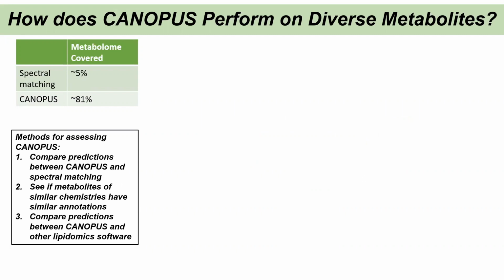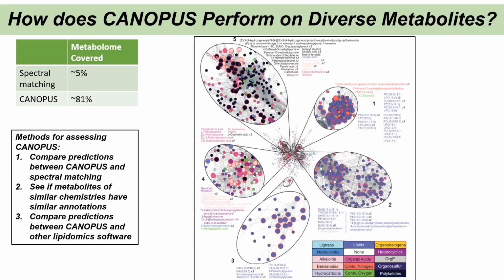The second method that we chose to use to assess how well CANOPUS is performing is to see if metabolites of similar chemistry have similar annotations. The first thing we did is take the fragmentation patterns of our different metabolites, quantify how similar they were to each other, and then map them onto this network.